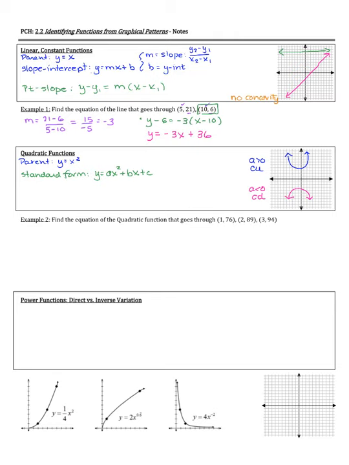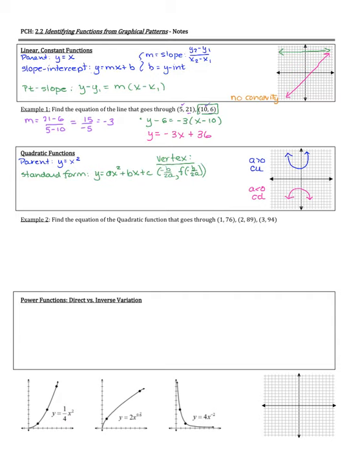When it comes to you in that form and you have to find the vertex, and this is what we just did in our station activities, you would do opposite of b over 2a, as at the beginning of your quadratic formula, and then plug that in to find the y value. That would give you your vertex.